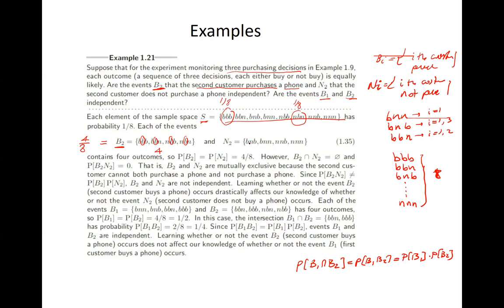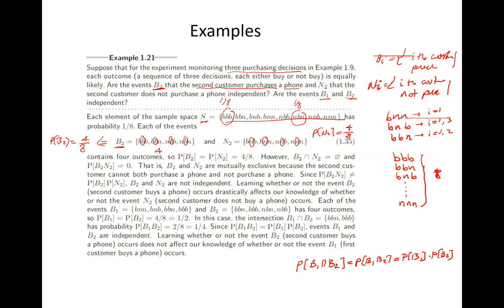The second customer did not purchase anything, so the second customer should be N. Probability of N2 is again 4 over 8.